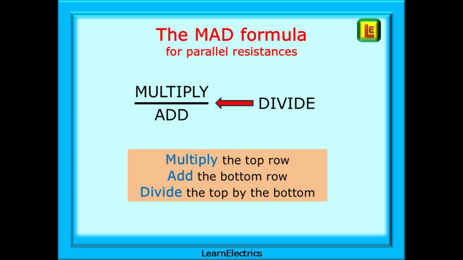A quick recap of the MAD formula for parallel resistances. Multiply, add, divide. Multiply the top row together, add the bottom row together, divide the top by the bottom, and this will give you the single resistance that will replace the original resistances.